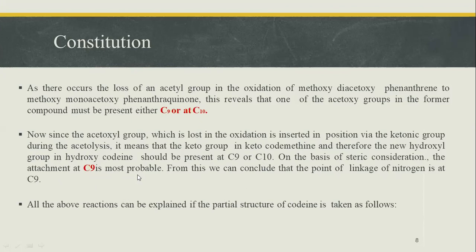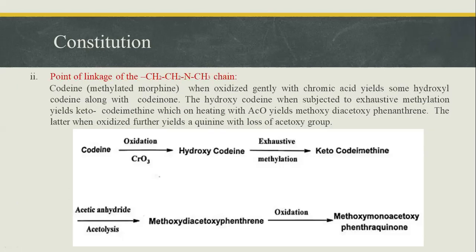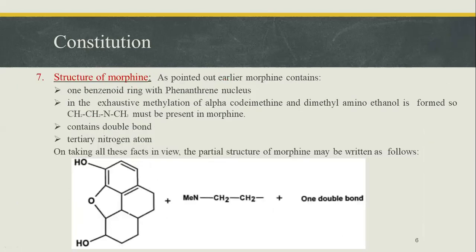So we can finally conclude that the point of linkage of the nitrogen is at C9. So the nitrogen is present at the 9th carbon atom. So starting from here, 1, 2, 3, 4, 5, 6, 7, 8, and 9. The nitrogen is attached to the 9th carbon atom.